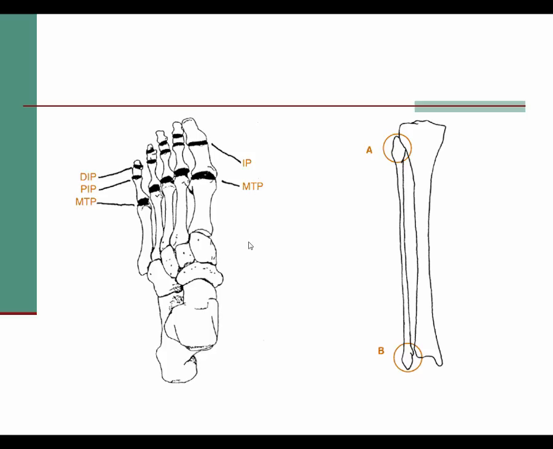And as part of the phalanges, as far as the great toe goes, you have the interphalangeal and the metatarsal phalangeal joint. That's the IP and the MTP. And on the rest of the lesser toes, you've got the distal interphalangeal, the proximal interphalangeal, and the metatarsal phalangeal joints.